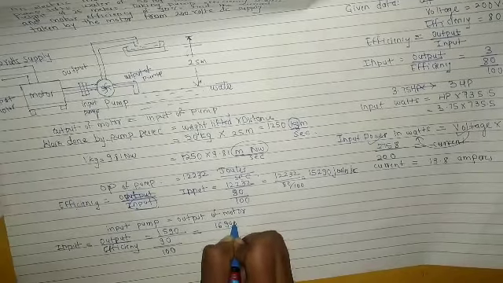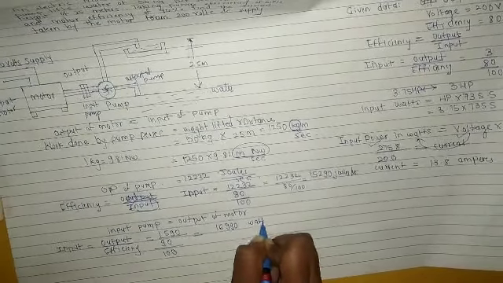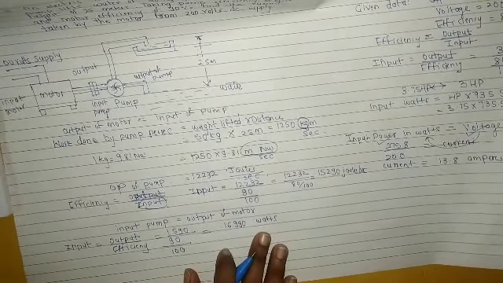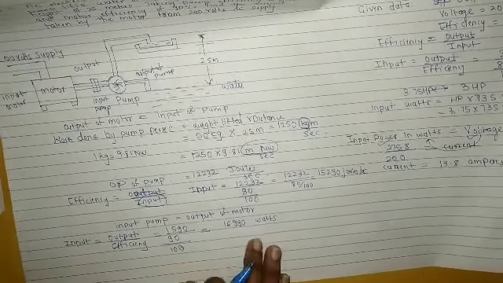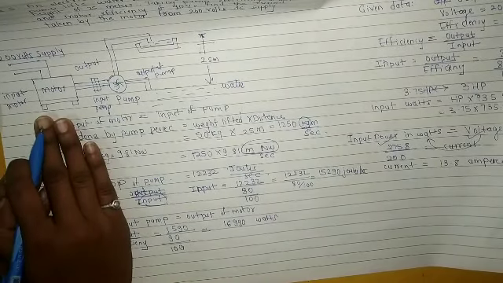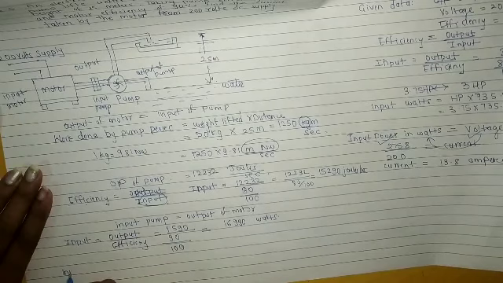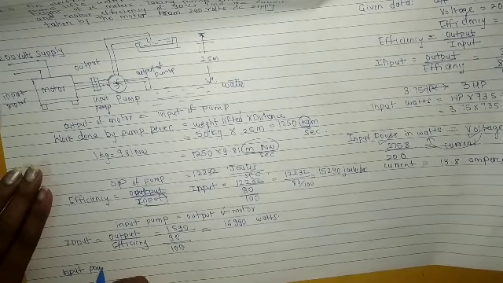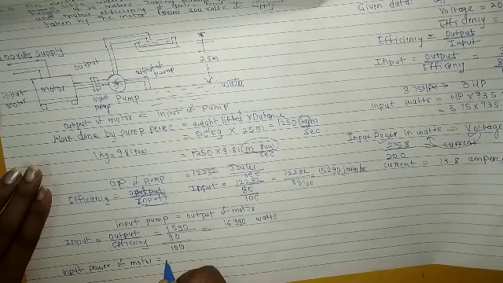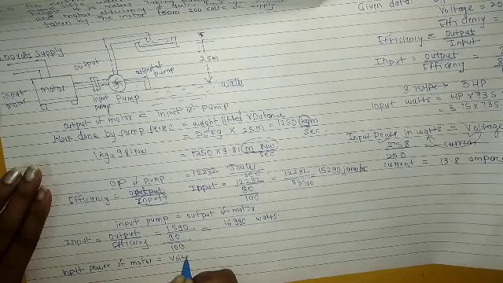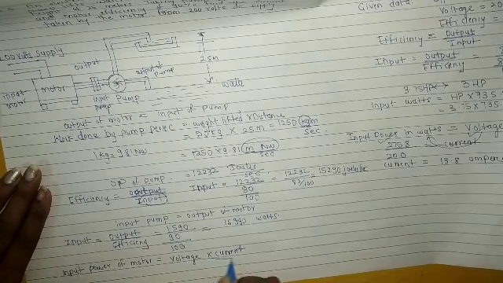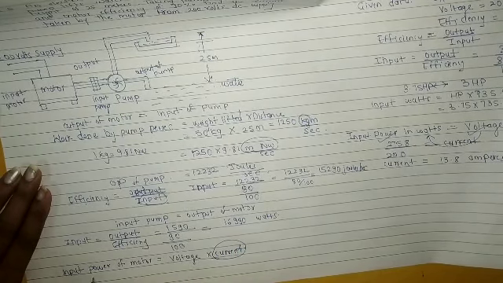After calculating this, you will get the answer 16990. This is the input of the motor. Now we know the input power of the motor. Input power of the motor is equal to voltage into current. We have to calculate the current, so voltage will come here.